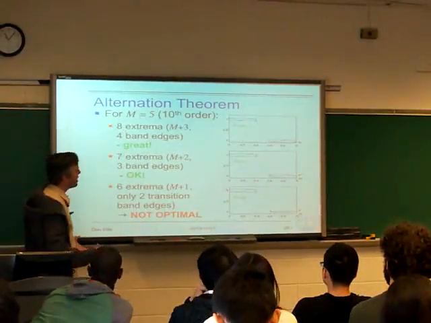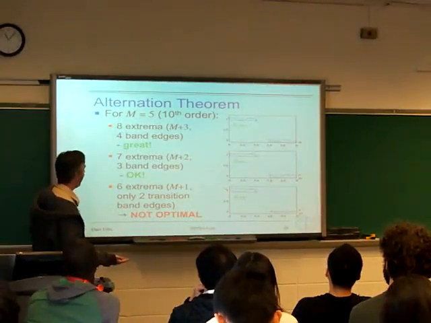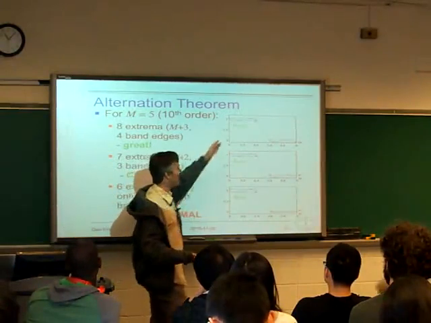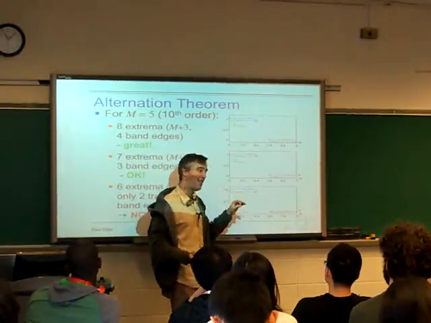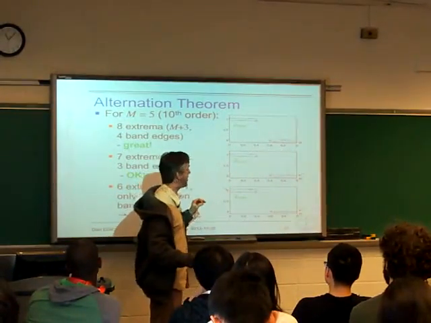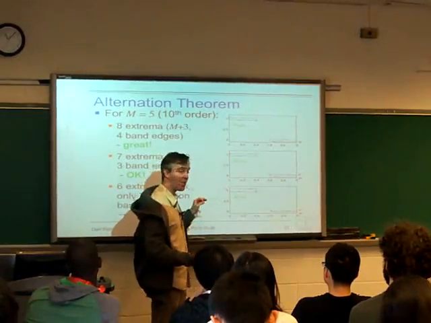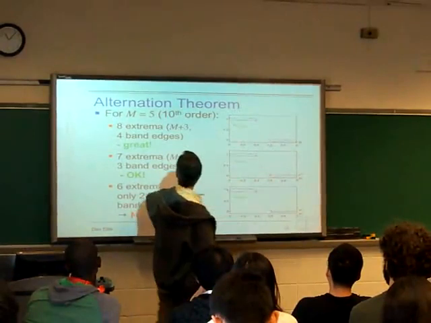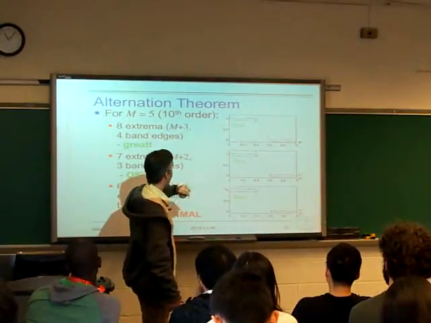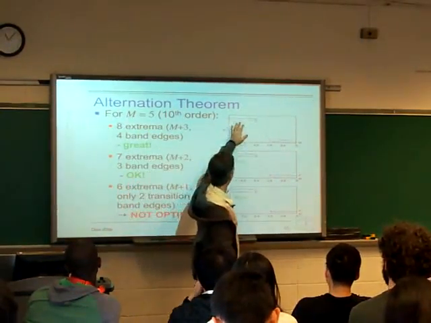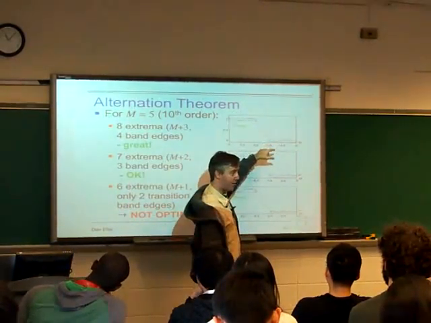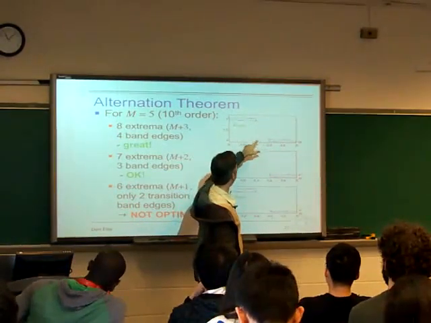And so this is basically the bottom line, that if we have a set of plots like this, we can tell if they are the optimal filters by counting, if we know the order, the number of extrema. So here's our, this is m equal 5, a 10th order filter. We have 1, 2, 3, 4 local ripples, right, which is the most we can have with a 5th order polynomial.